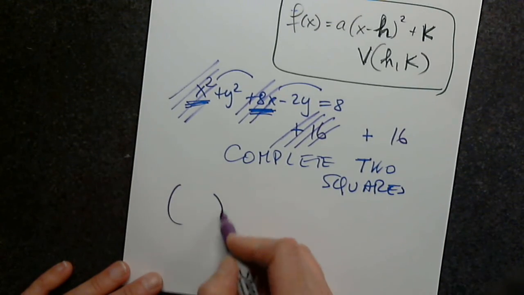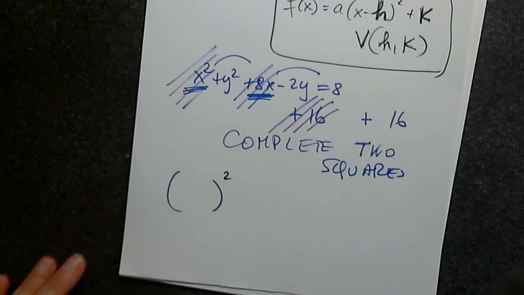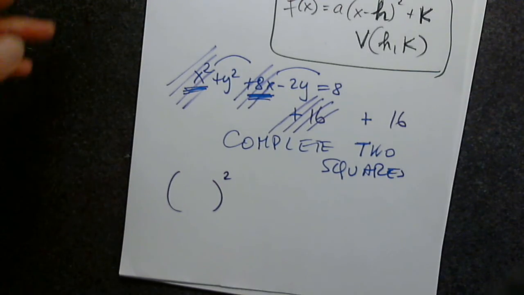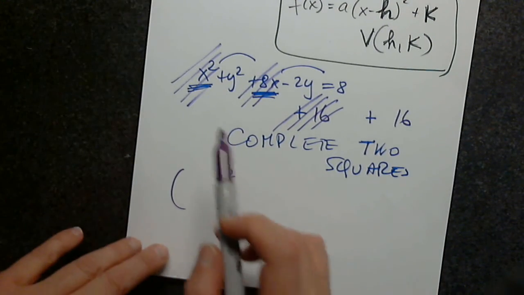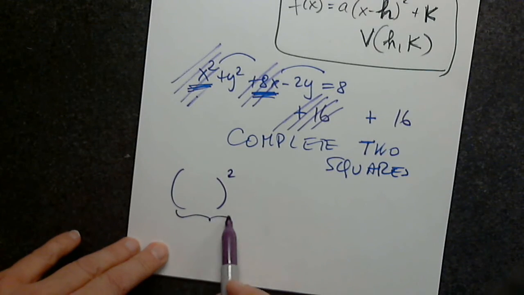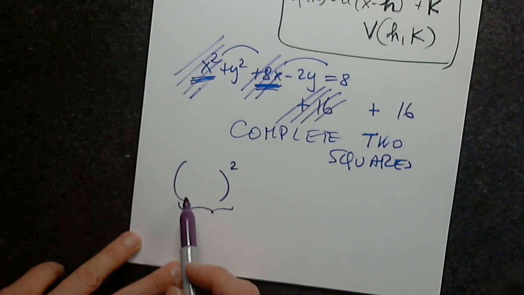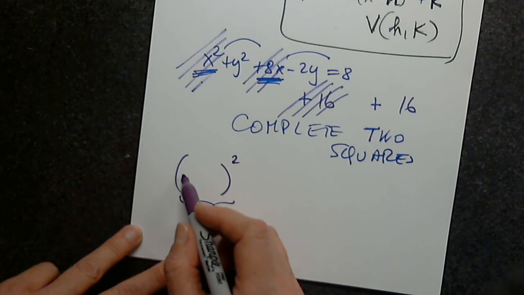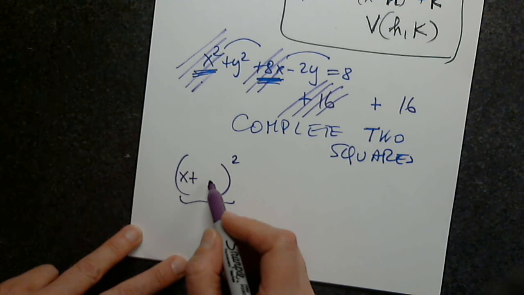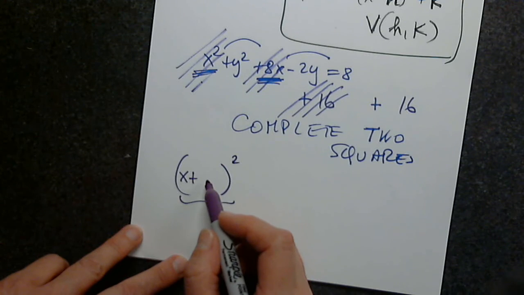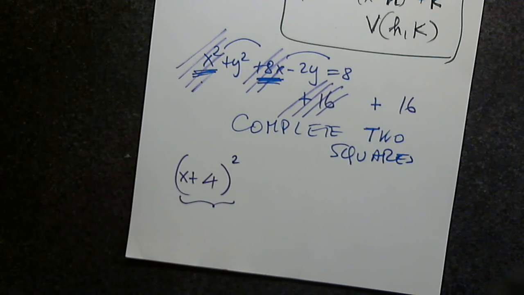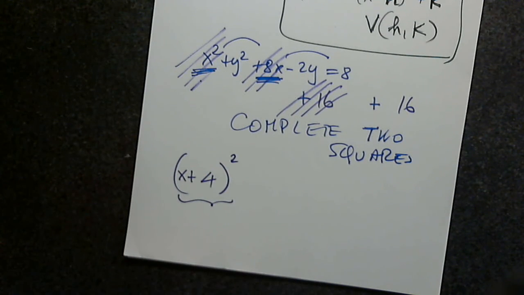So what is it? Exactly. Because x plus 4 squared is x squared plus 8x plus 16. Good. Now we're focusing on y.